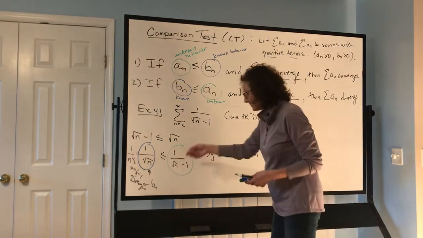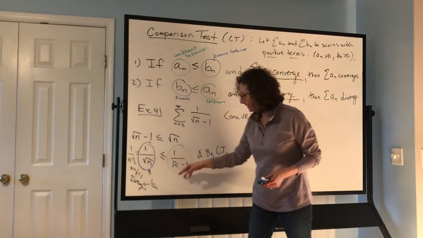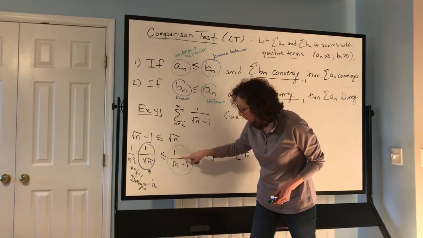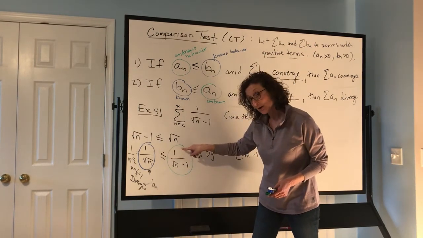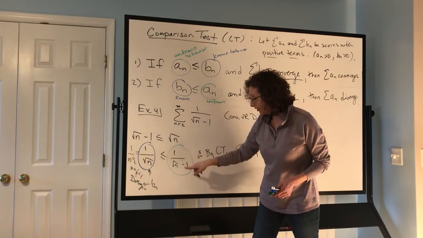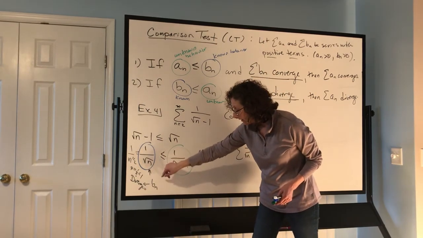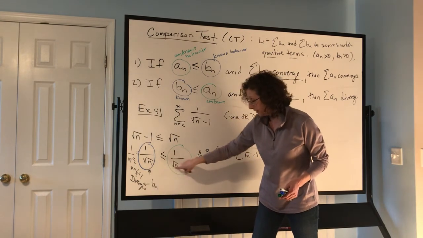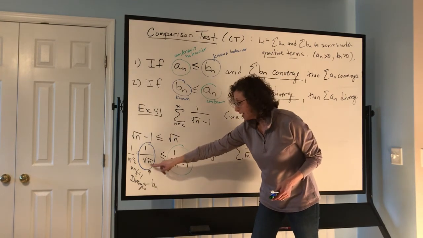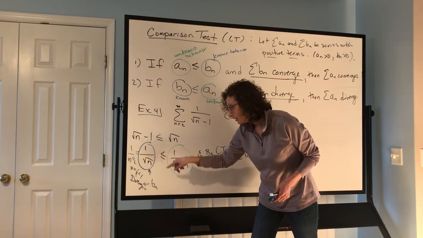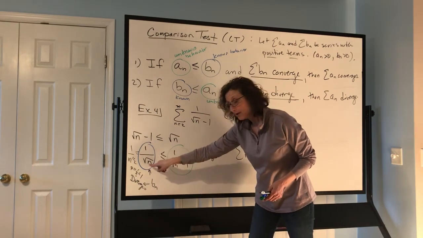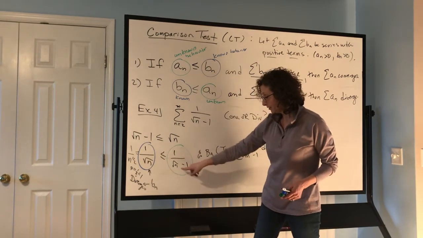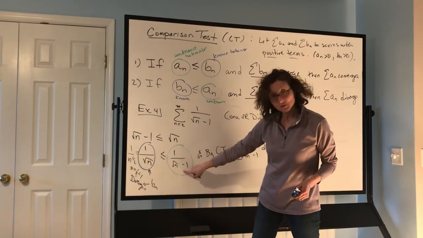Another way to think about this inequality is that these two fractions have the same numerator, right? The same numerator, but this one has a denominator that is bigger than this one because this denominator is smaller than that one, right? A same numerator with a bigger denominator is smaller than something with the same numerator and a smaller denominator, right?